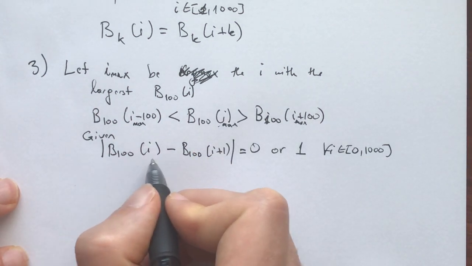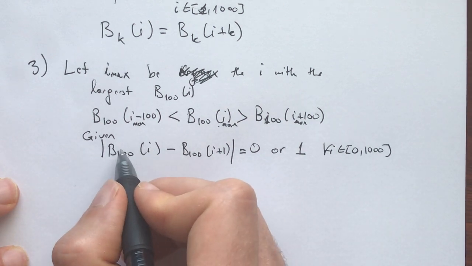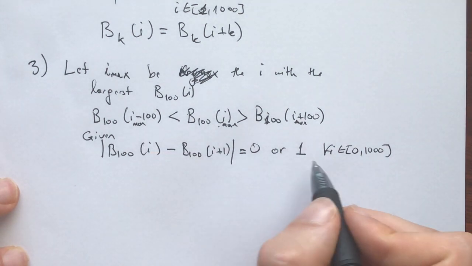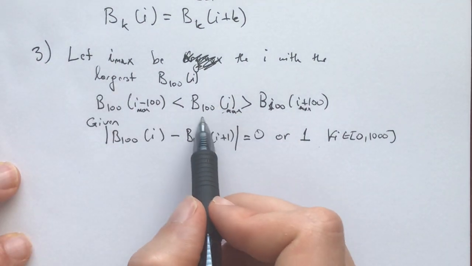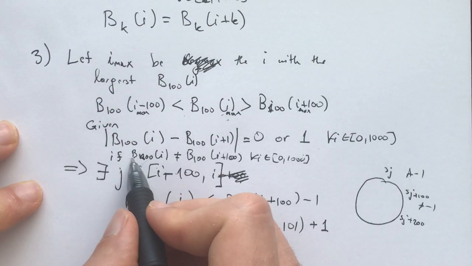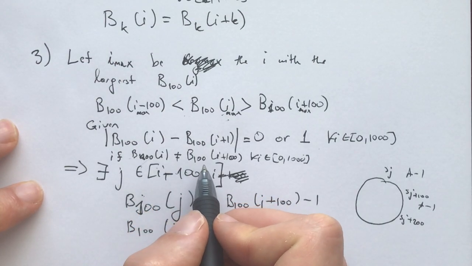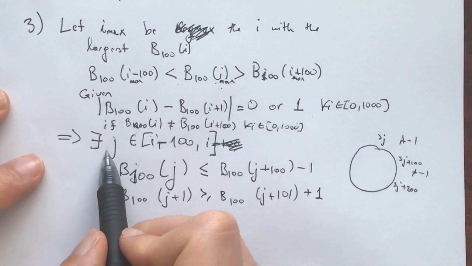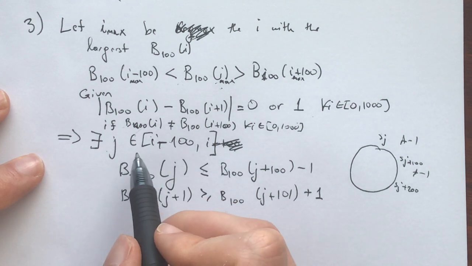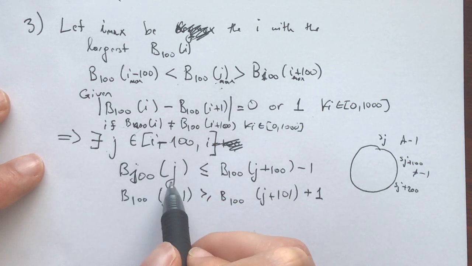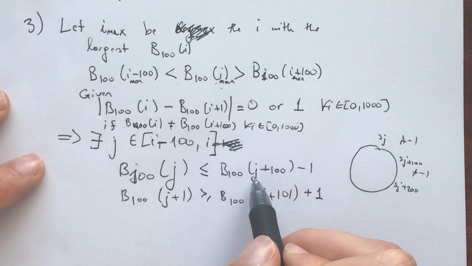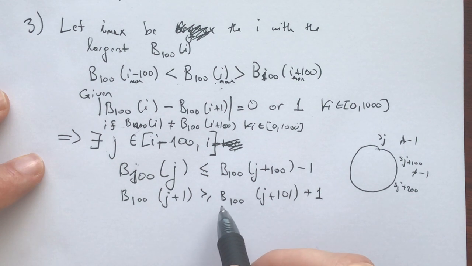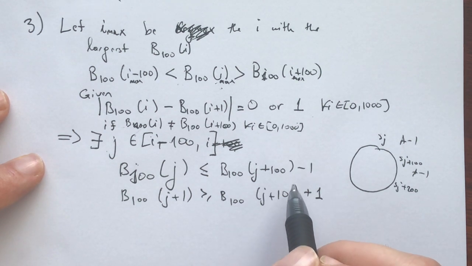Given that the difference between any two consecutive i's for B100 of i minus B100 of i plus 1 is either 0 or 1, this means that if B100 of i isn't equal to B100 of i plus 100 for any i, then there exists a j between i minus 100 and i such that B100 of j is less than or equal to B100 of j plus 100 minus 1, and B100 of j plus 1 is greater than or equal to B100 of j plus 101 plus 1.